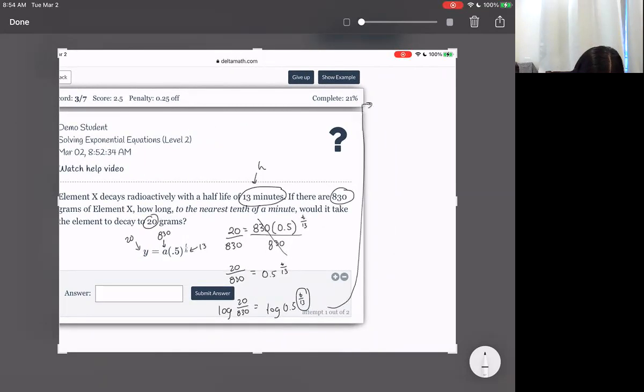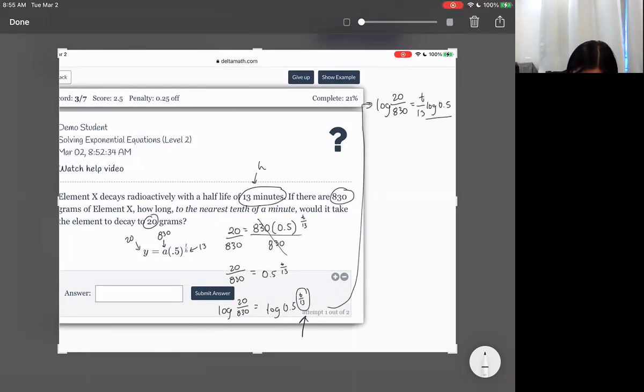So let's continue over here. Log of 20 over 830 is equal to, now we take that t over 13 and we're going to move it to the front. So t over 13 times log of 0.5. So all we did here was take that exponent and move it to the front of the log. And you can do this when you take a log of an exponential.